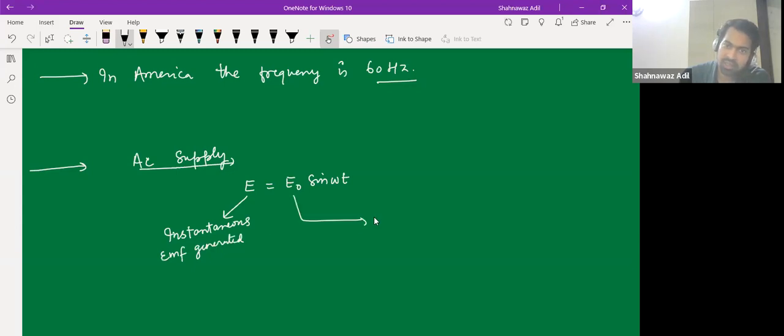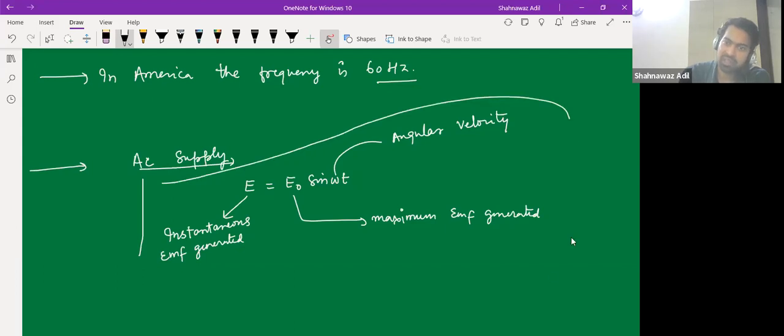This is the maximum EMF generated, and this omega is the angular velocity. So these are the important things of an AC supply, right?